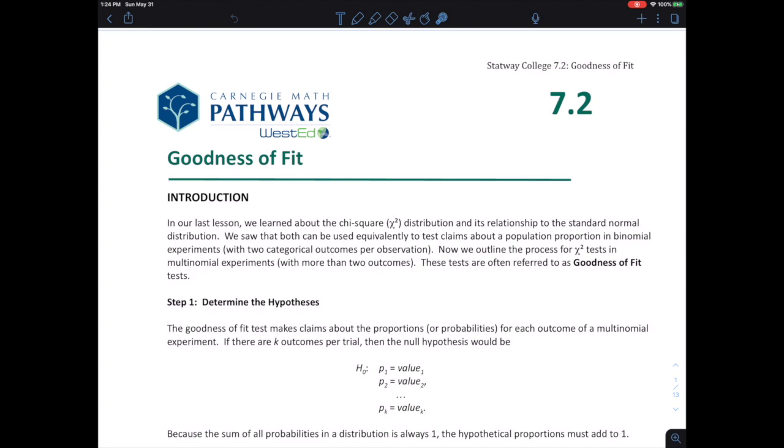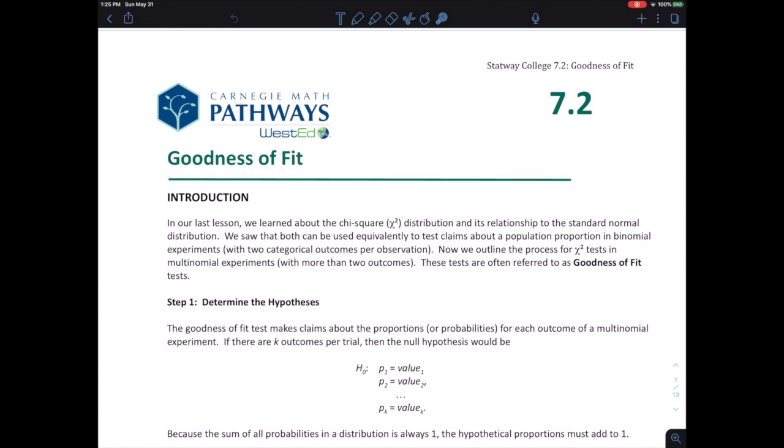The goodness of fit tests are just like what we did in 7.1, where we have a categorical variable with multiple categories, and we make a hypothesis about the proportions for each category. The only difference between 7.1 and 7.2 is that we're going to start doing more than two categories for the variable. So let's go ahead and jump right in here.